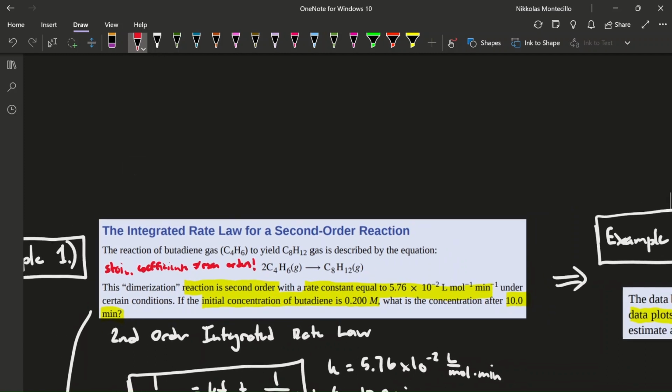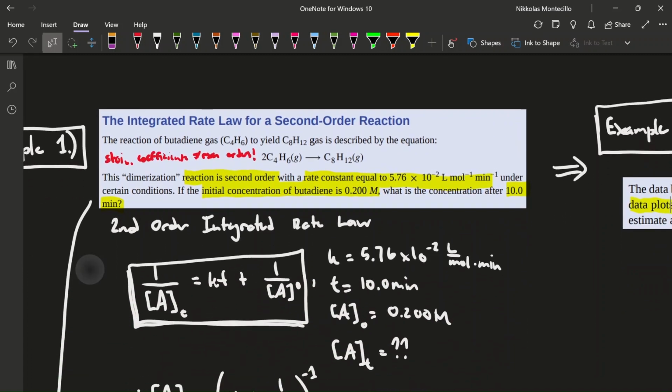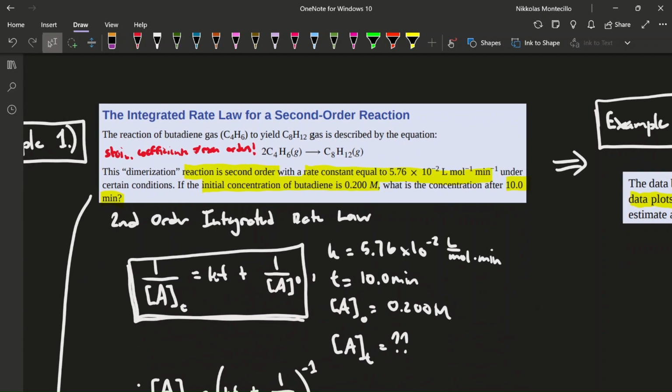Nonetheless, this dimerization reaction is second order with a rate constant equal to 5.76 times 10 to the negative 2 inverse molar concentration per minute. So under certain conditions, if the initial concentration of butadiene is 0.200 molar concentration, what is the concentration after 10 minutes?